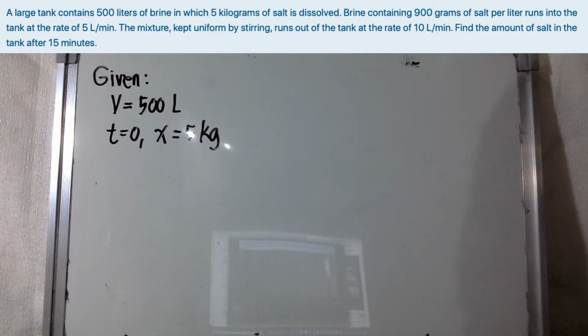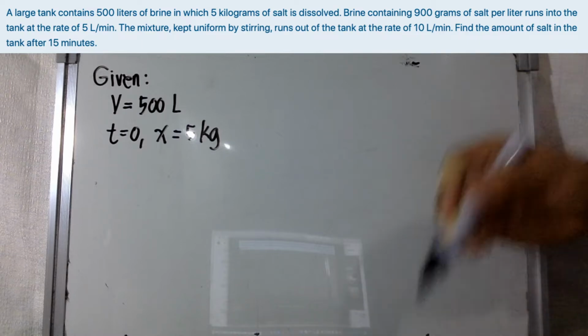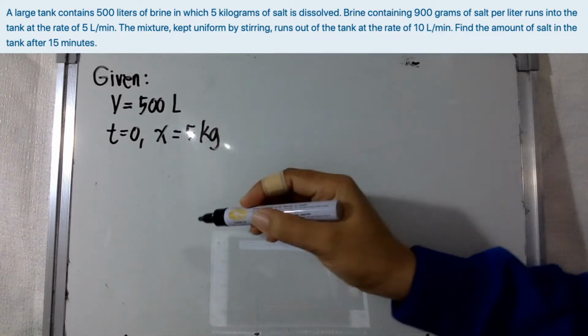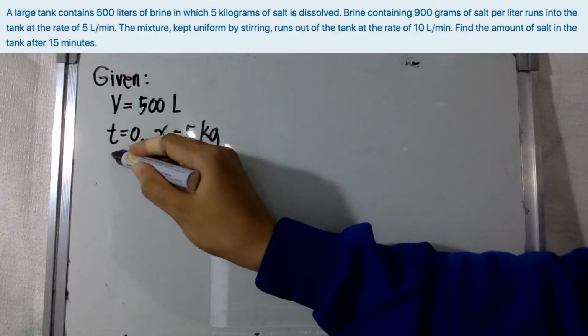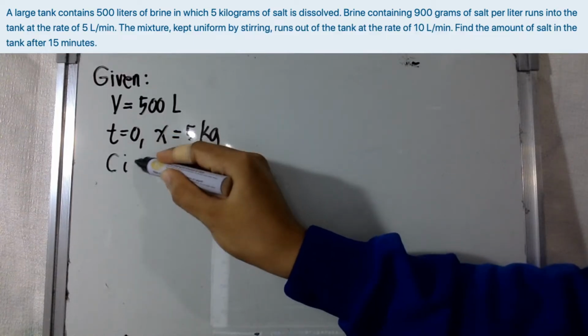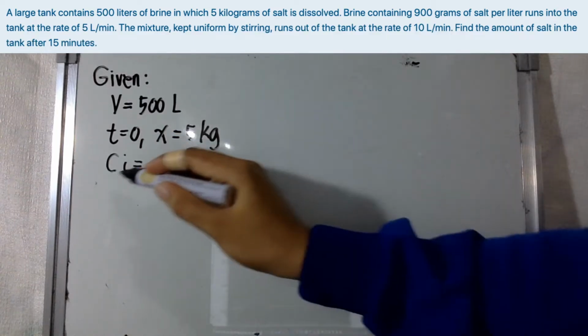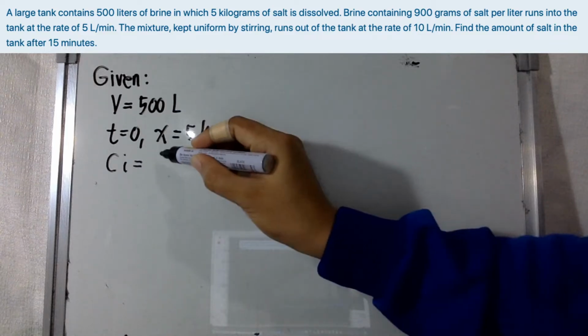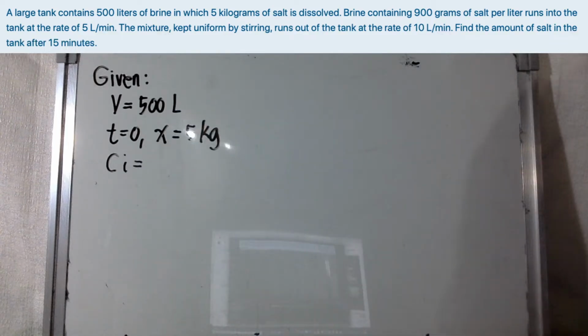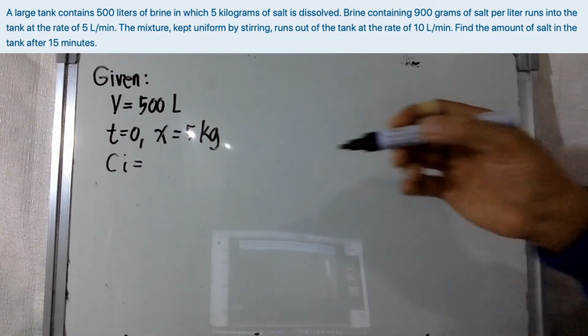Now brine containing 900 grams of salt per liter. Gram per liter is the unit of concentration. So it says that there's a solution flowing into the tank. We have concentration in, represented by C sub I. Since we have kilogram unit, we convert grams into kilograms. So 900 grams is 0.9.